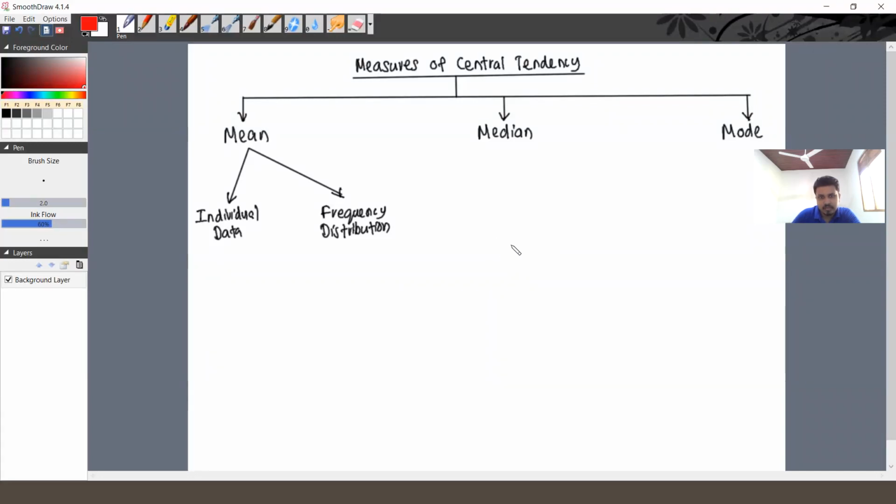So here to calculate the mean, we use these two symbols to denote mean.